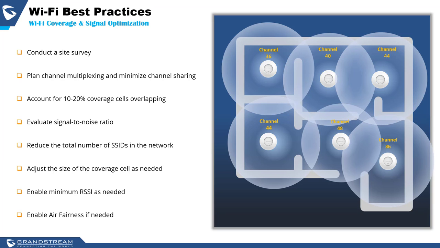SNR, or signal to noise ratio, is another important indicator that needs to be evaluated across the wireless network. The signal to noise ratio is the difference between the signal and the noise floor. So the larger the difference is, the better the signal quality will be.